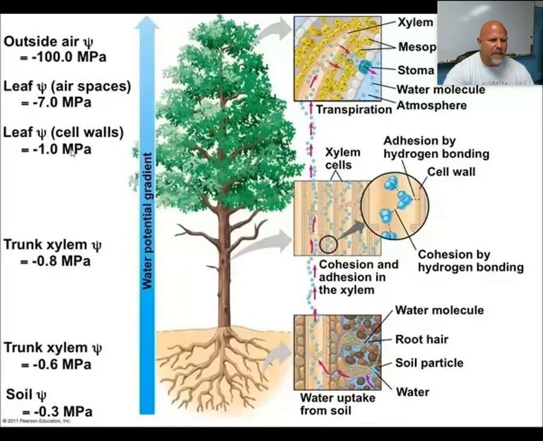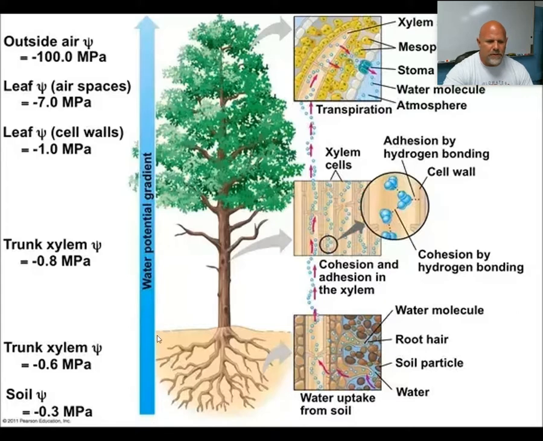The leaf cell walls would be like negative 10 bars. The xylem would be like negative 8 bars. The trunk, lower xylem, would be like negative 6, negative 5. And then the soil would be like negative 2 or 3.